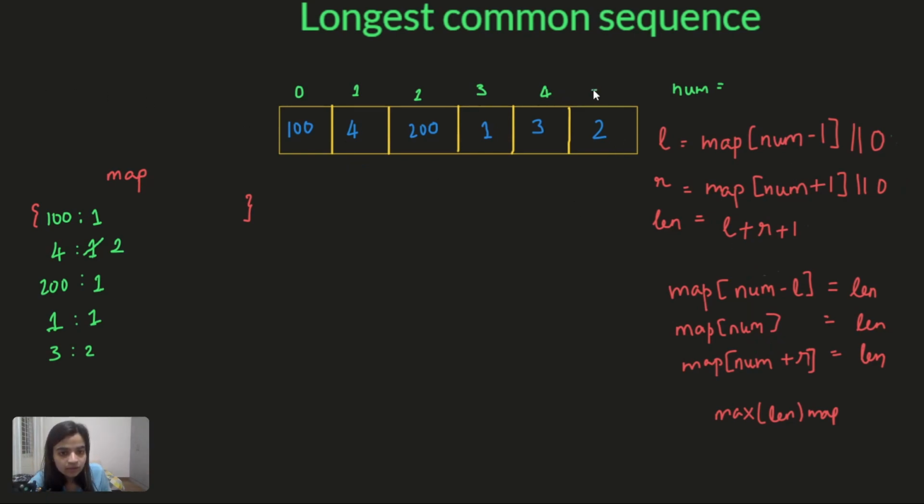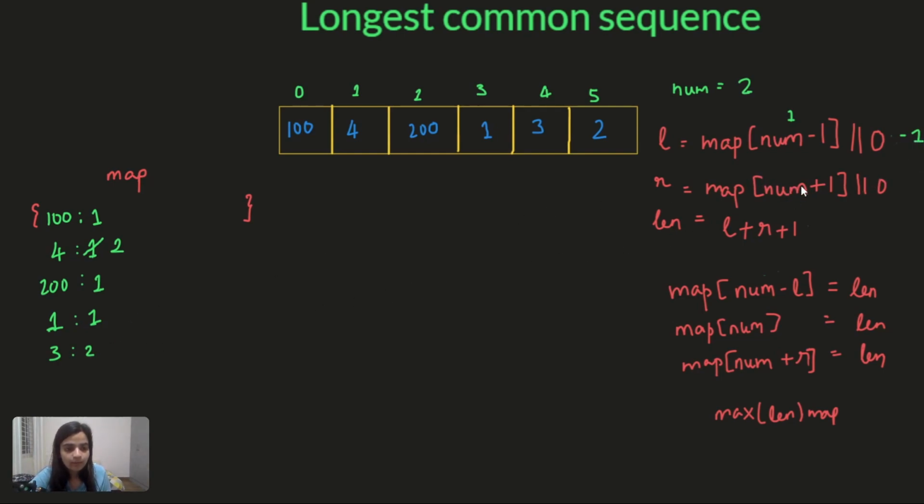In this iteration, our num value is 2. So we check if the previous one exists. Previous one is num minus 1, which is 1. Does map of 1 exist in the map? Map of 1 is 1. So in this case, L will become 1.